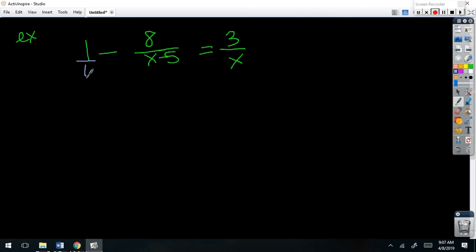The trick here with the 1, because it's 1 over 1, so when you find your LCD, it needs everything. So your LCD is x minus 5 times x. Any place you see a 1 by itself, or a whole number, or anything that's not a fraction, it needs the LCD.